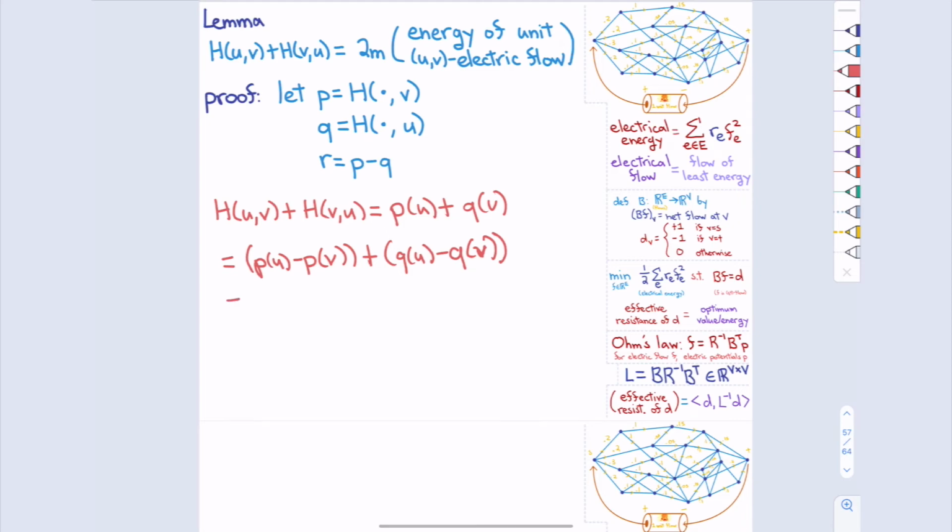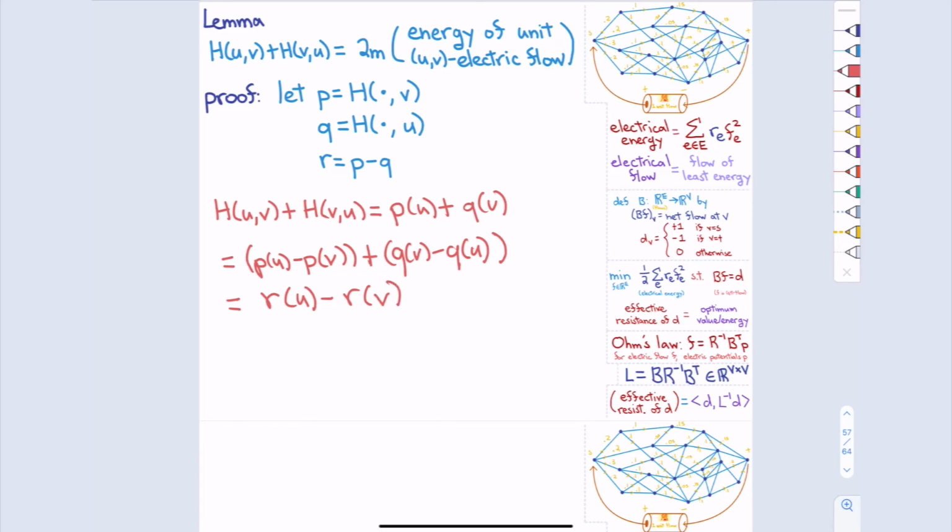Okay. And so this is, I got something backwards, didn't I? Okay, this should be QV minus QU. When we put this together, we get RU minus RV.